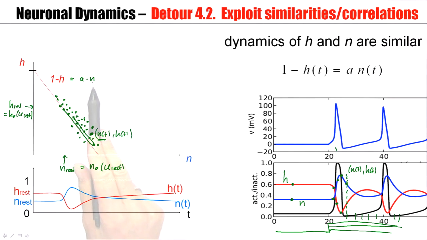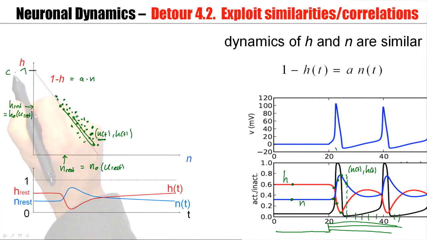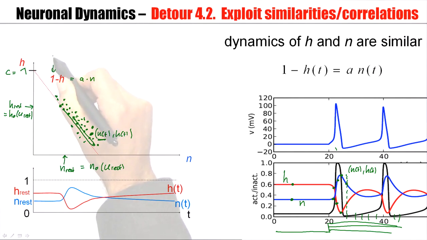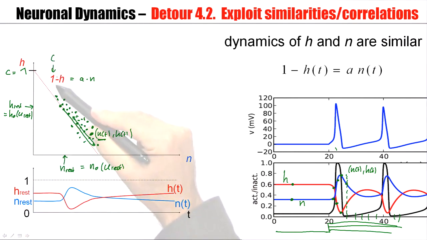So if n is 0, I'm here, then the red curve is at 1. More generally, this could be some arbitrary constant, some constant c. But for the sake of simplicity, I've put this constant to 1 so that it's easy to draw this line.